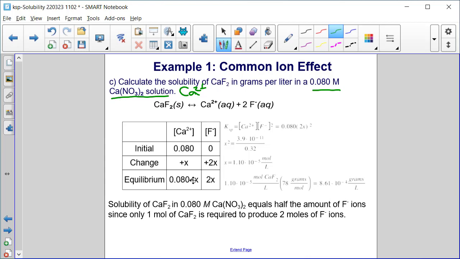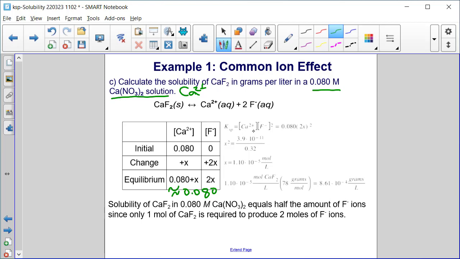That will shift the equilibrium very far to the left over here, decreasing the amount that will dissociate. So this amount compared to 0.080 will be so small that we will say that at equilibrium, this is approximately equal 0.080.